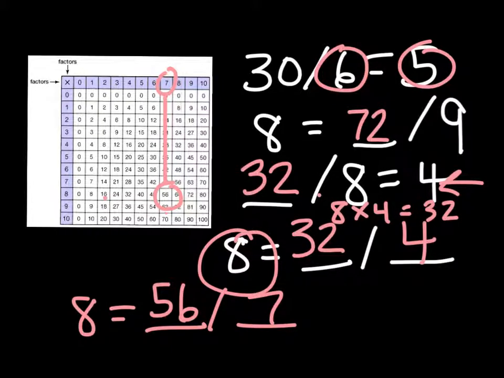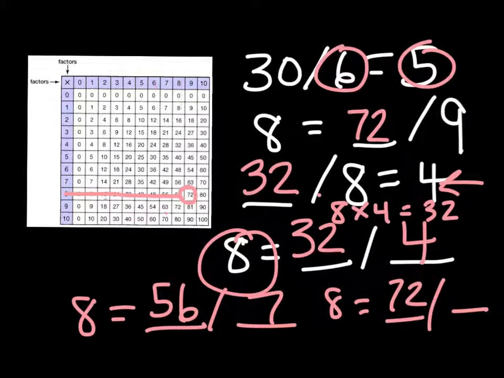There's still another answer. Let's try a different one. How about if I go across the 8s to 72? I could write 72, and then I would go up, divided by 9 equals 8. And you could do that multiple more times.